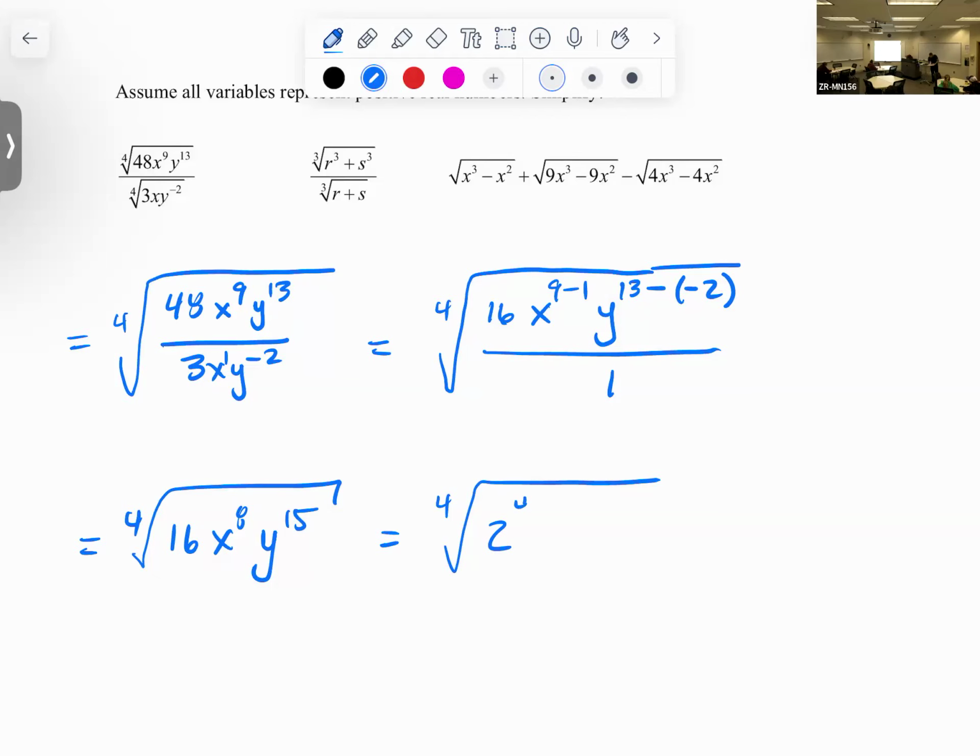Oh, look, what a coincidence. All right, I have x to the 4th and x to the 4th. Those become x to the 8th. How many y's? Let's see. Y to the 4th, y to the 4th, y to the 4th. Do I have another one?